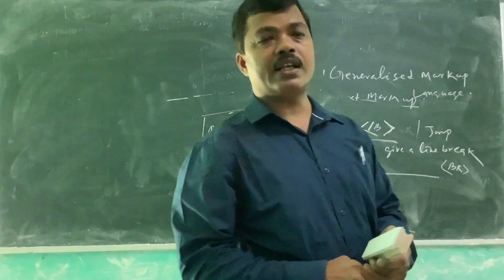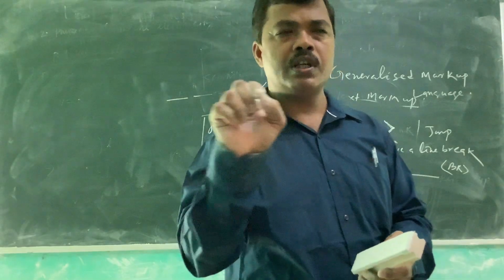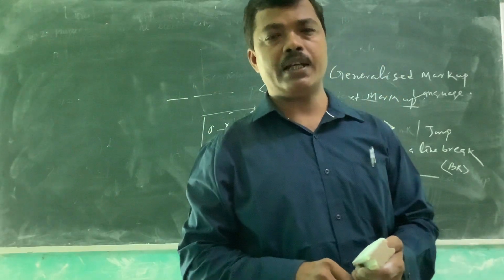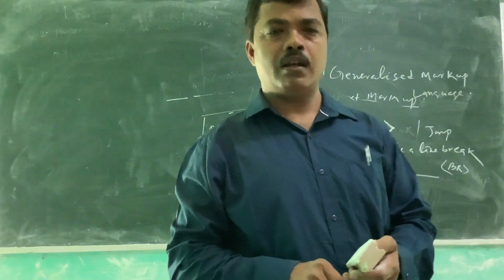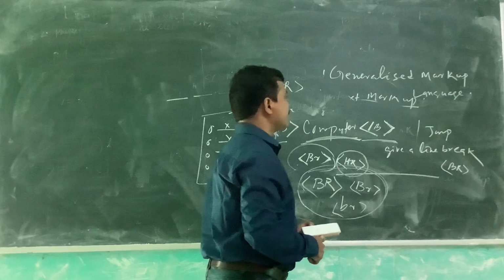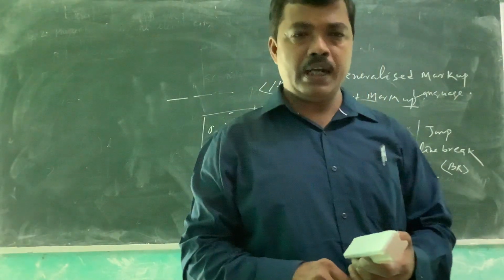For a section break or horizontal line, we just use the HR tag to give a section break or to draw a horizontal line. So the tags are classified into paired tags and unpaired tags.